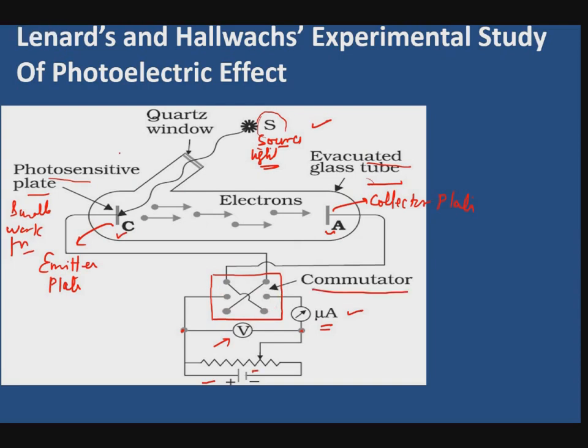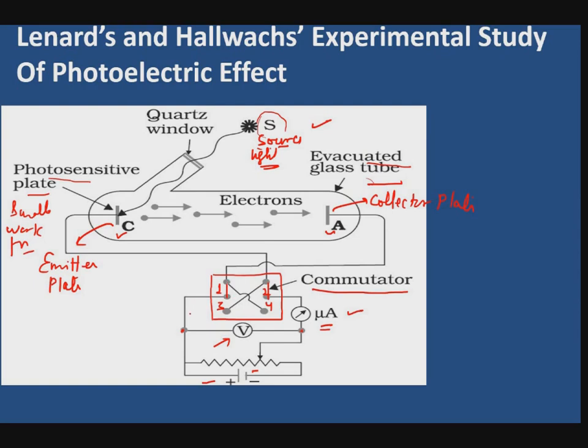That's why, this commutator plays a role of changing the polarity of these two electrodes A and C. Suppose these four keys are 1, 2, 3, and 4. If I close 1 and 2, what will happen?